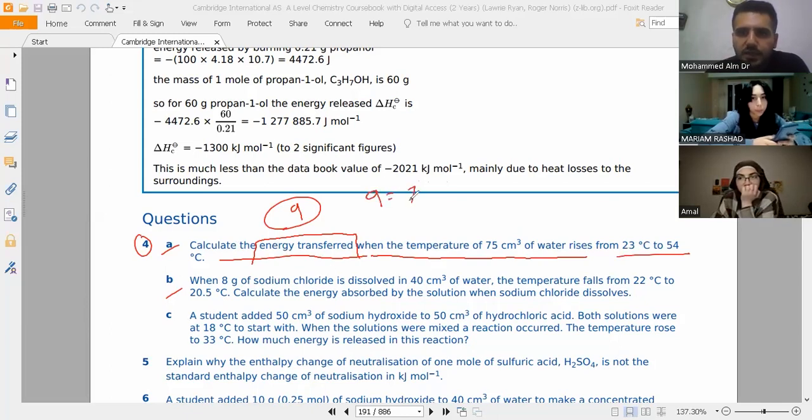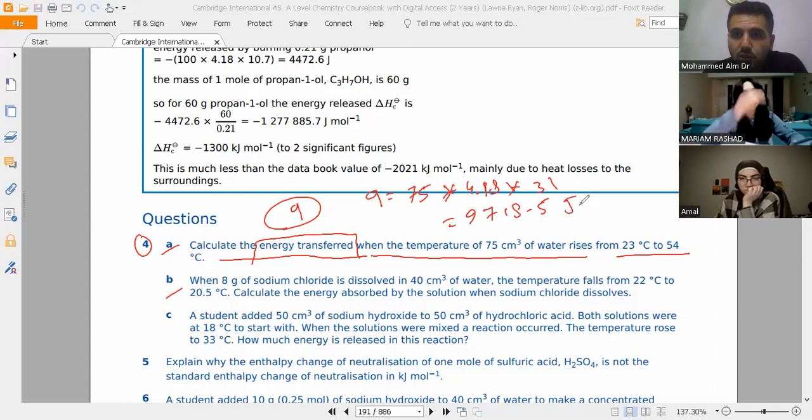So we can calculate Q. Q simply will be 75 multiplied by 4.18 multiplied by 31. So it will be 9,718.5 joule.